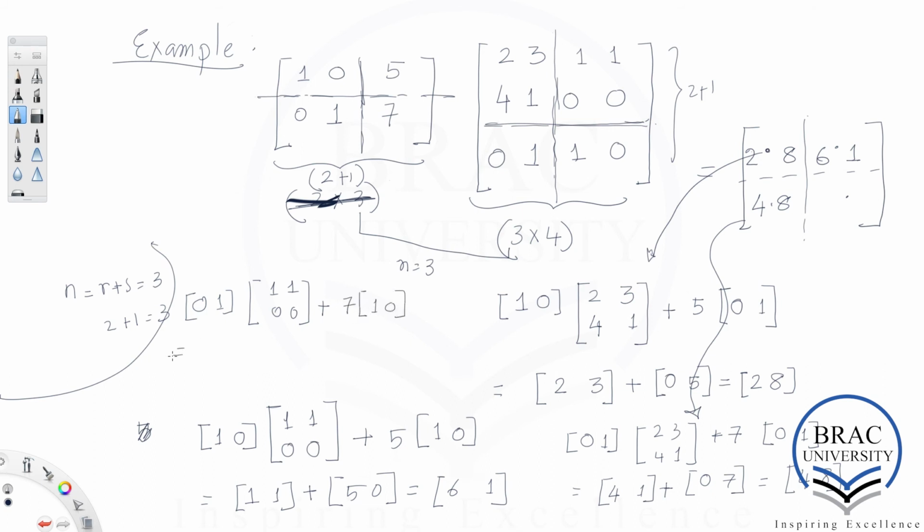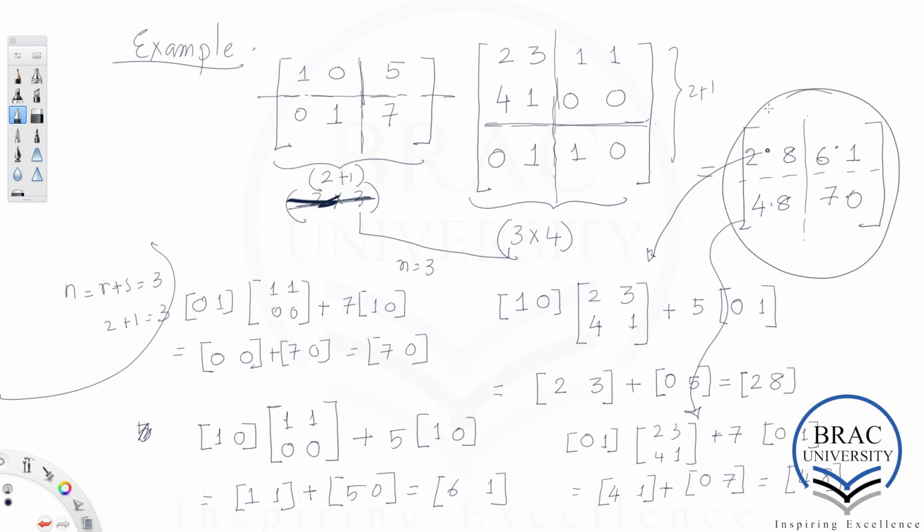This gives you a row vector consisting of 2 columns, which is 0 here and 0 here and 0 here, and this is 7 0. Finally you have 7 0. So you have 7 0 here. So this is the matrix that we were looking for.